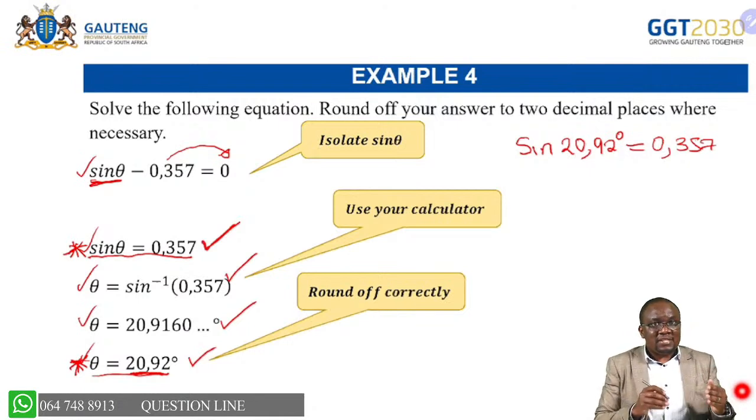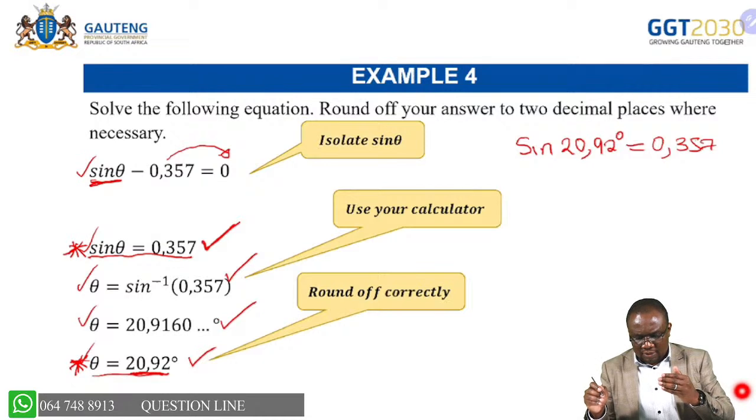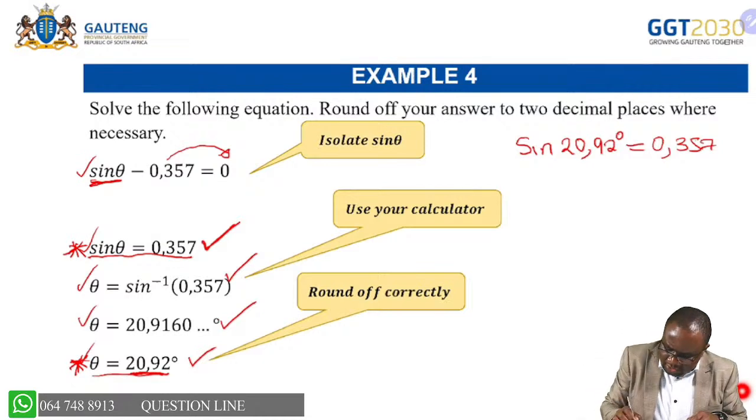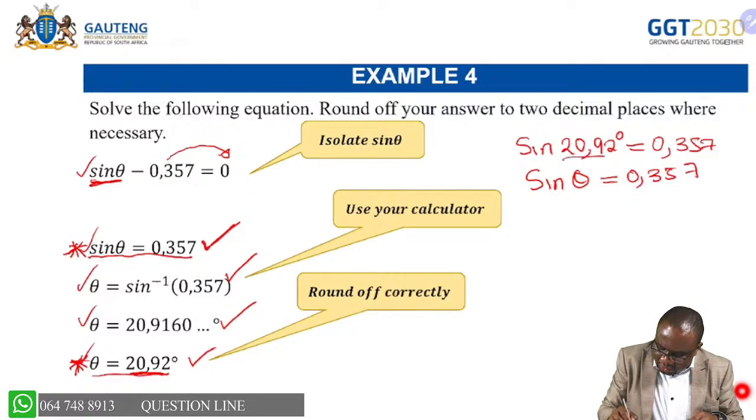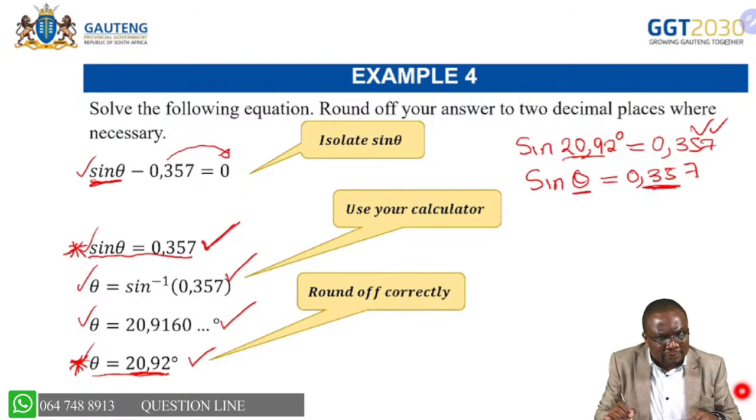Now, the equation we're saying is, what is theta if sine theta is 0.357? So initially we were finding this; now we have the ratio, we are finding the angle.